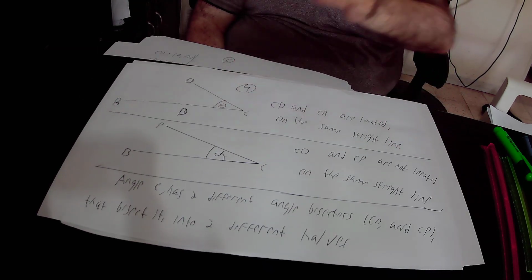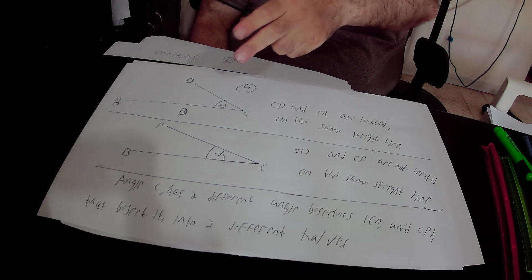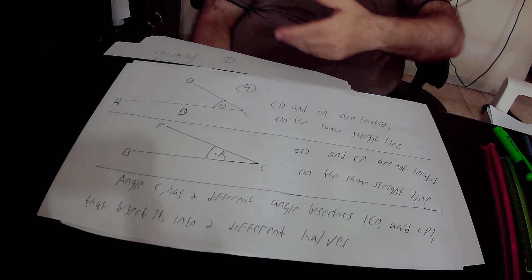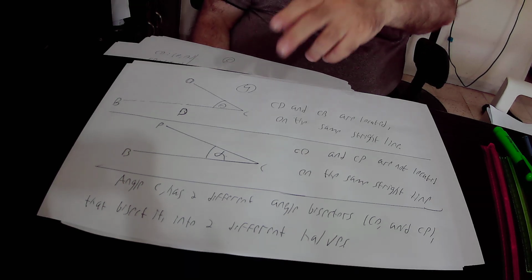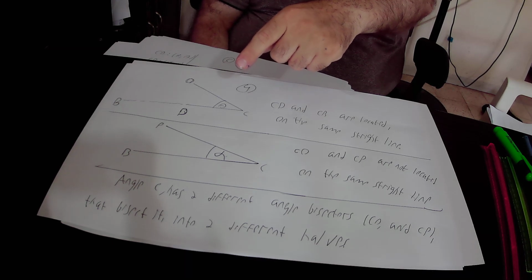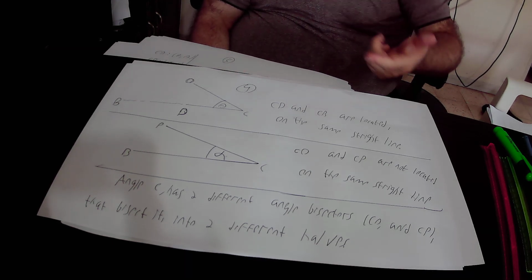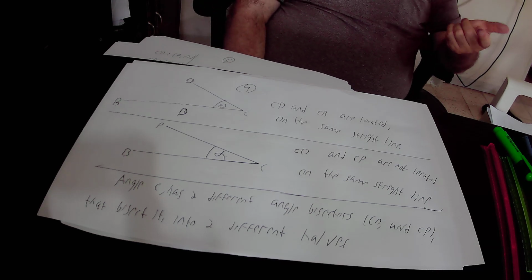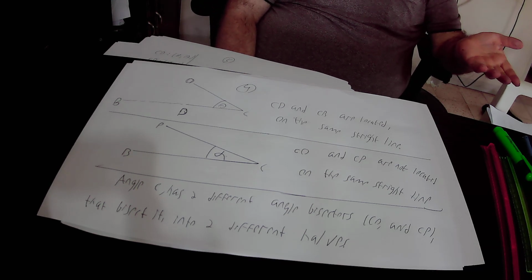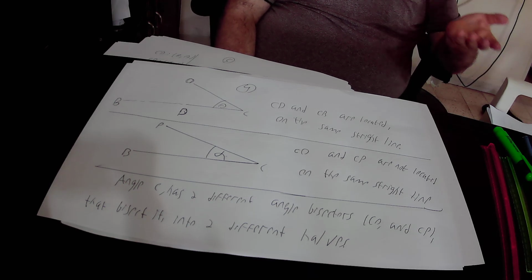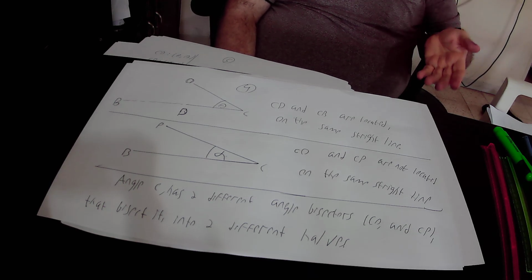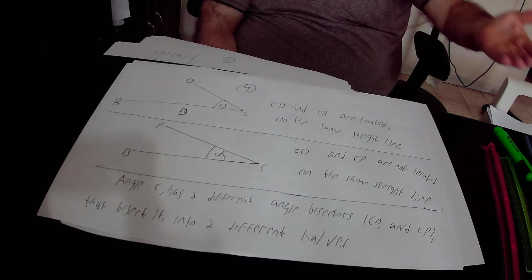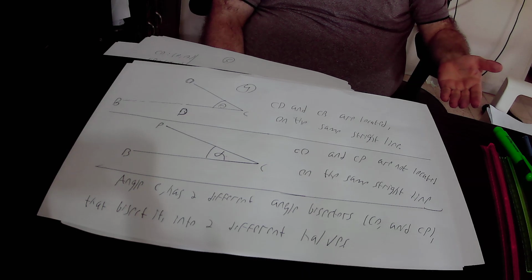So we have here two angles that have one common leg, because the first leg of those two angles is located on the same straight line, and the second leg is not. Therefore, they must be different angles. If one leg is located on the same straight line, in order for those two angles to be equal, the second leg must also be located on the same straight line.